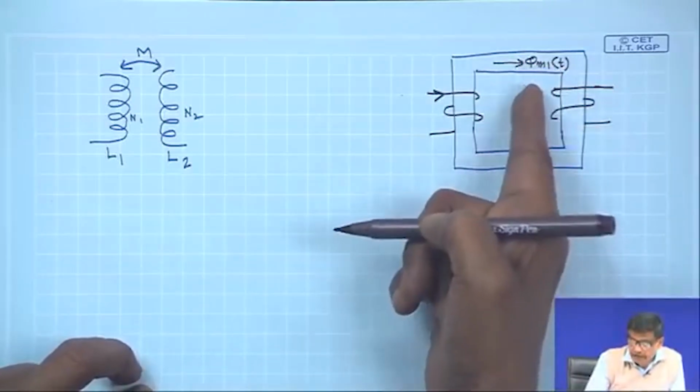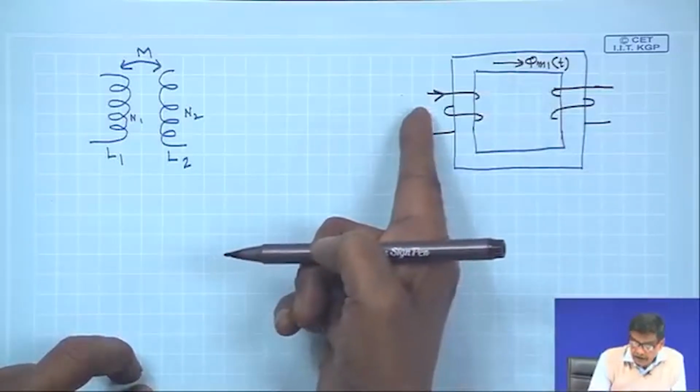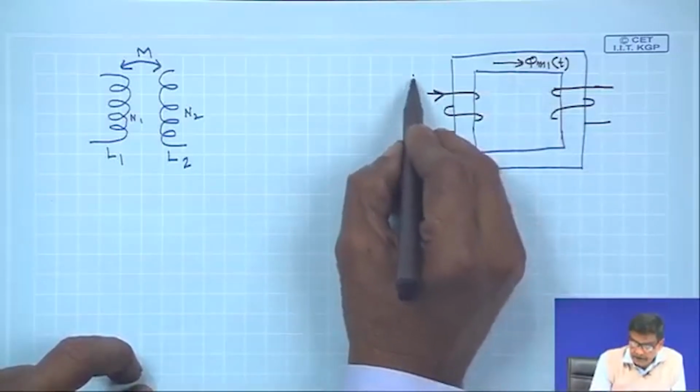How can it be a function of time? Provided I1 is also a function of time.